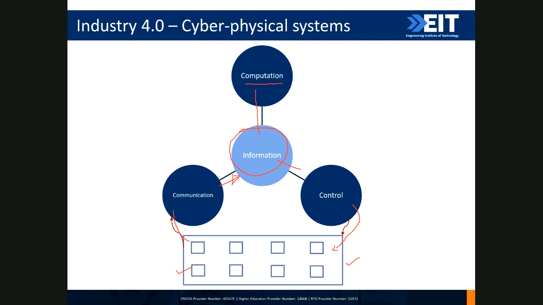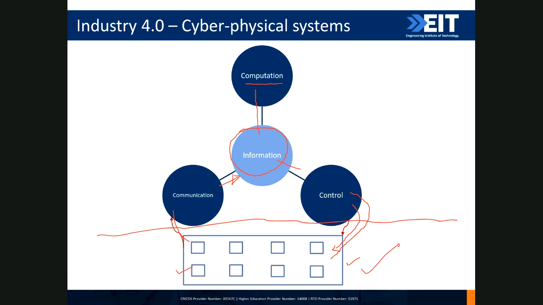To avoid those problems, it would compute new control parameters, and control signals are sent again to the machines. With these new control signals, machines can adjust and work on them. So this is computation, communication, and control, all integrated into one, which is called a cyber physical system. The top portion is the cyber system, and the physical system means your actual industry, your plant. So I hope it makes sense.